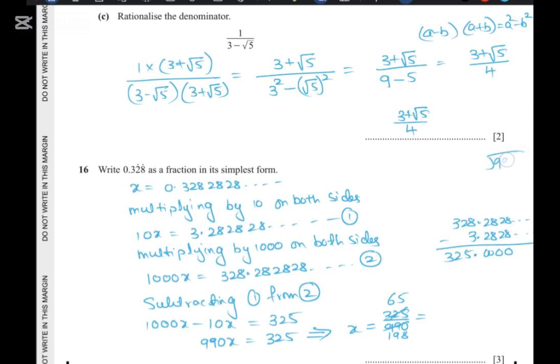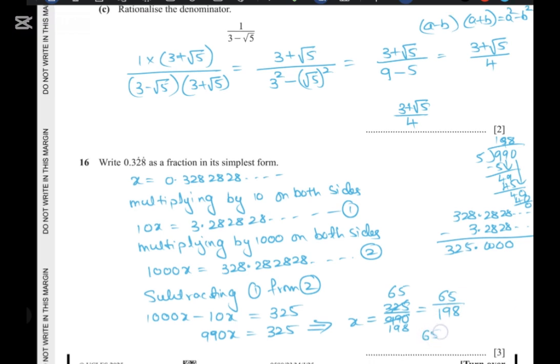So 990 divided by 5: 5 1s are 5, 4 9 comes down, 5 9s are 45, 4 is left, 0 comes down, 5 8s are 40. So 198. Still we can cancel the numerator with 5, but the denominator cannot be cancelled. Okay, so the answer is 65 by 198.